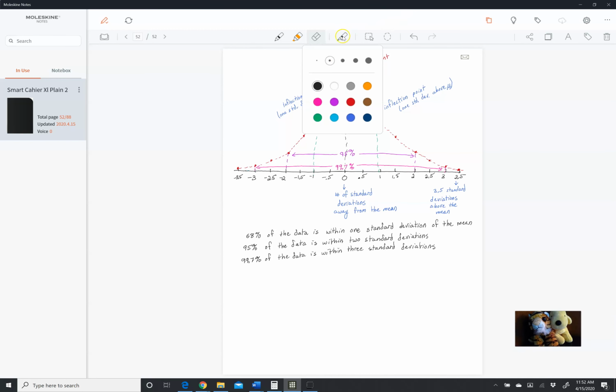I just want to add to this. This over here is 3.5 standard deviations below the mean.